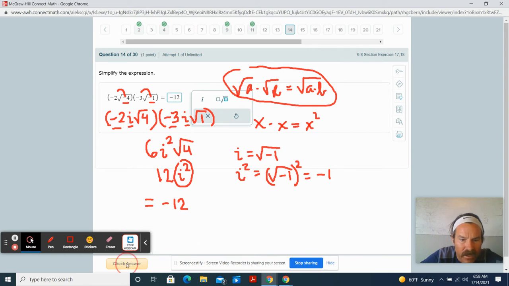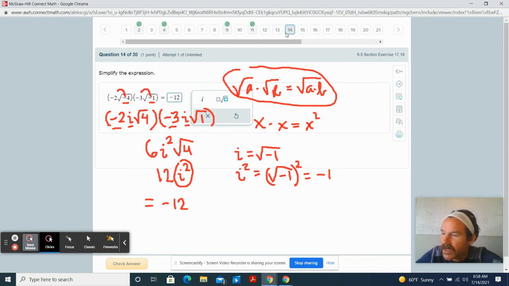I don't know why I didn't check my answer here. Looks like my program kind of froze up on me. Maybe that's happened to you guys before. So I'm going to remember which problem I just got through doing.